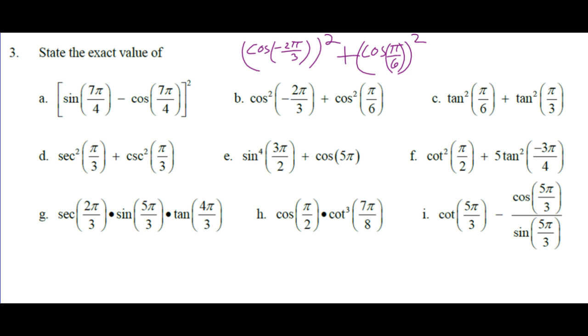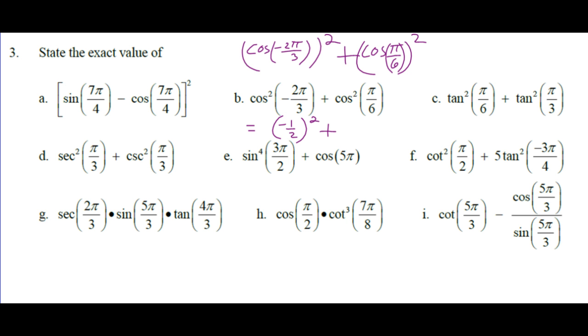So the work on here would look like, all right, what's the cos of negative 2 pi over 3? Negative 2 pi over 3 is in quadrant 3. It has a reference angle of pi over 3. So the cosine of pi over 3 is 1/2, so it's negative 1/2. So the cosine of negative 2 pi over 3 is negative 1/2. So this is equal to negative 1/2 quantity squared.